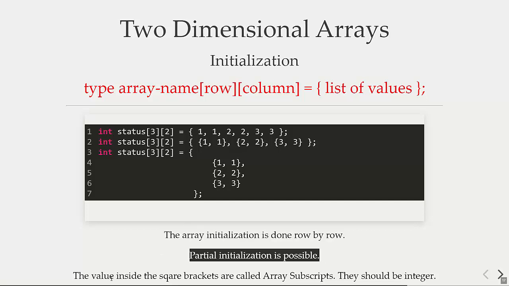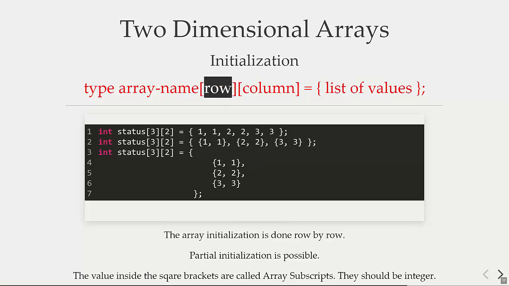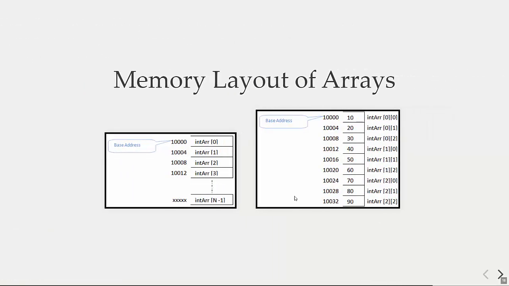The last note is to remind you that whatever is inside the square brackets are called subscripts, and those subscripts should always be integer values. Let us go to the next.